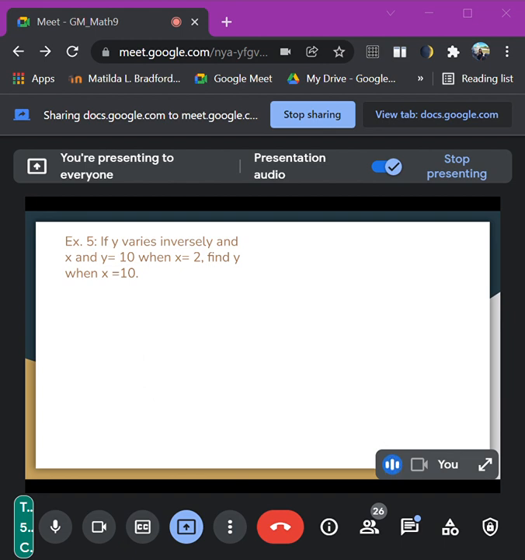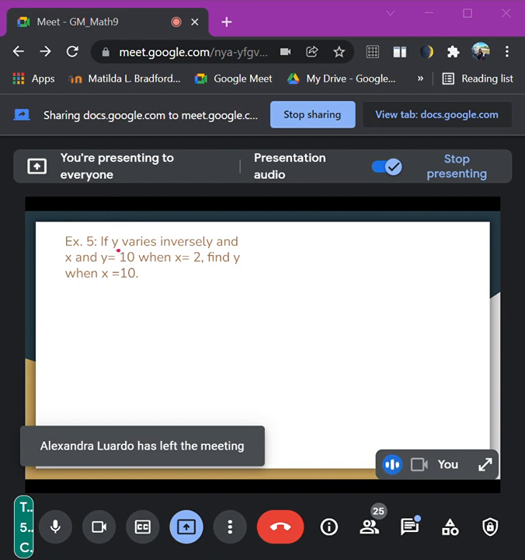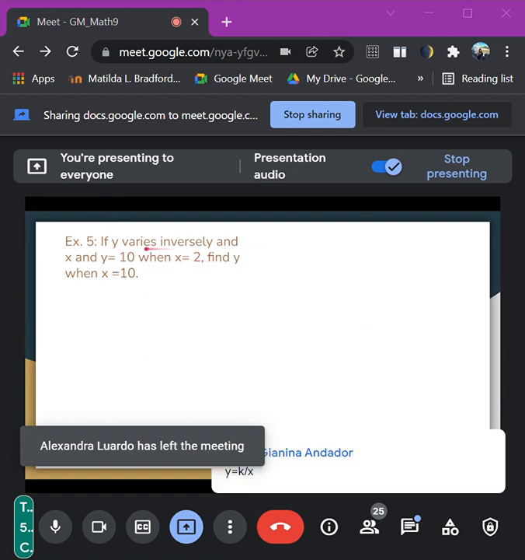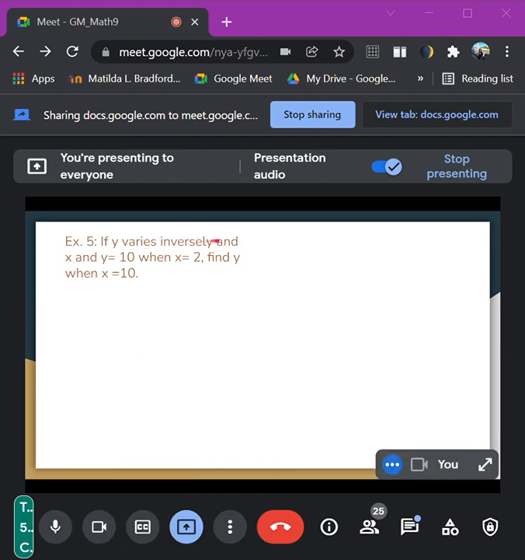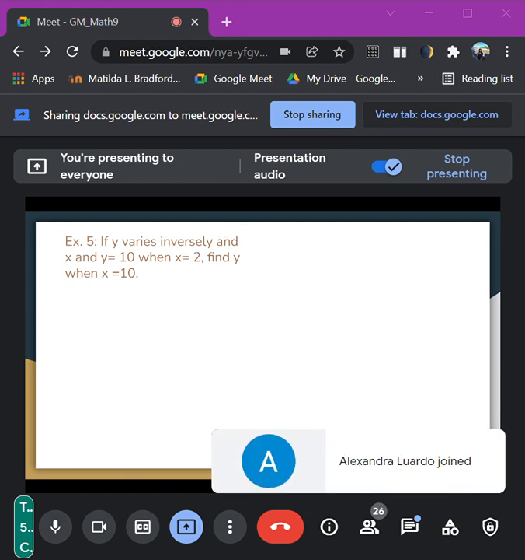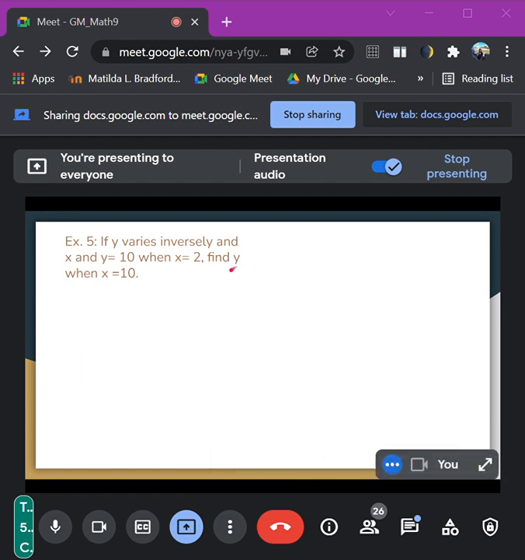So, same gyapon nga process ka sa arita magsugod sa kinaunhan nga sentence. So, you have there y varies inversely and x. I think that is y varies inversely with x na siya, class. Wrong ang word nga and. Okay? So, what is our equation there? Or varies inversely as x.